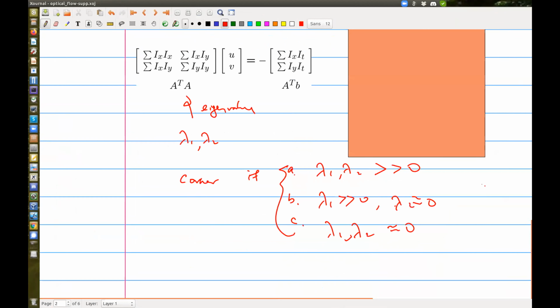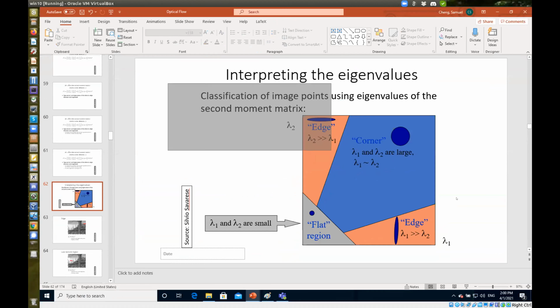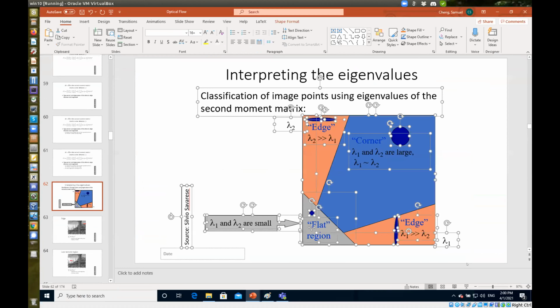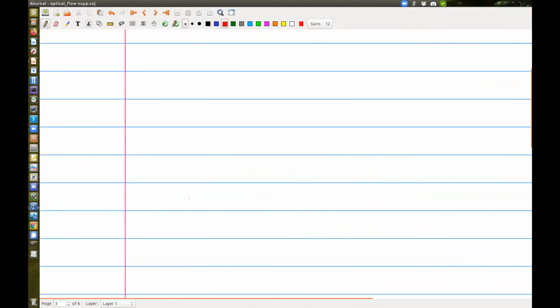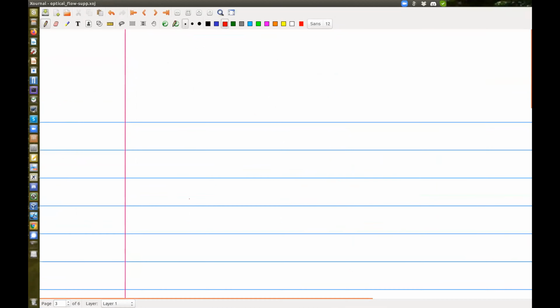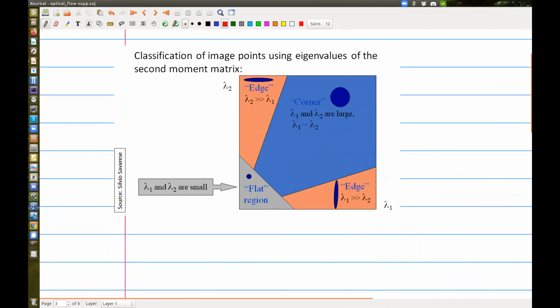Oh, okay, I cannot copy that. That's surprising. Let me try again. Oh, okay, I see. So the quality level basically just changes the threshold here.